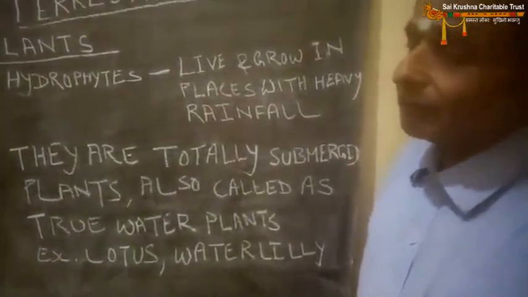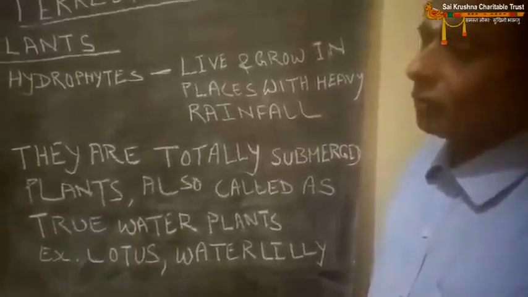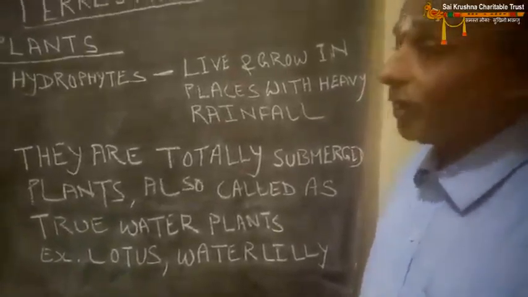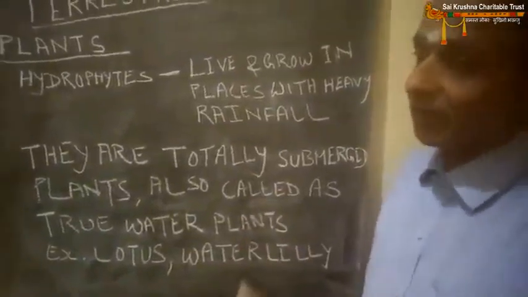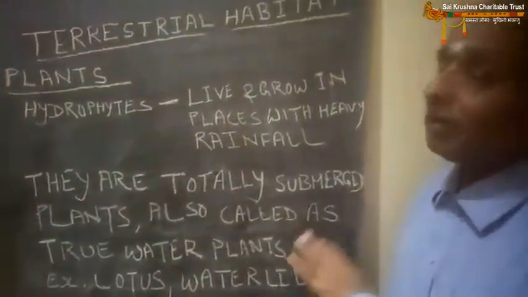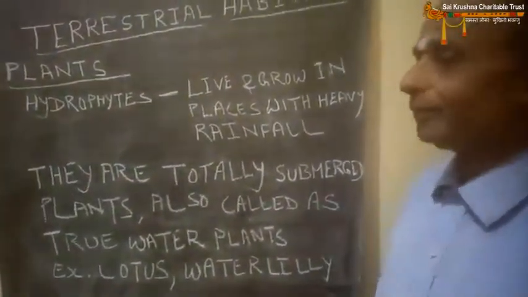And then there are plants that grow in places where there is moderate rainfall. There is a separate name given to such plants that grow in places where there is moderate rainfall.